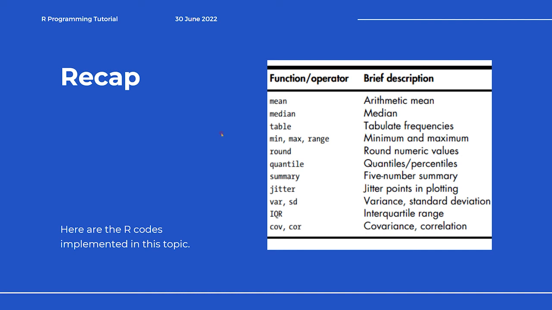So these are the R codes that we use for this topic. And there's additional, as you can see, and you must have encountered it in your previous topics in your R programming tutorial.